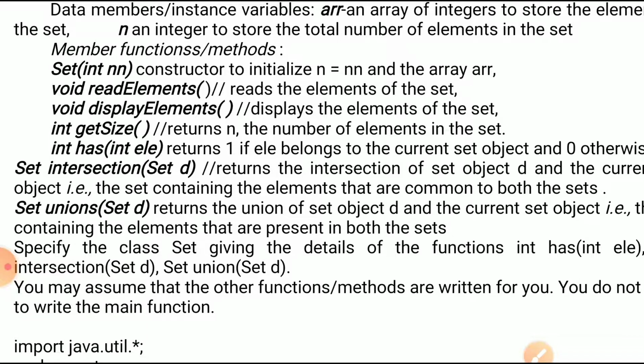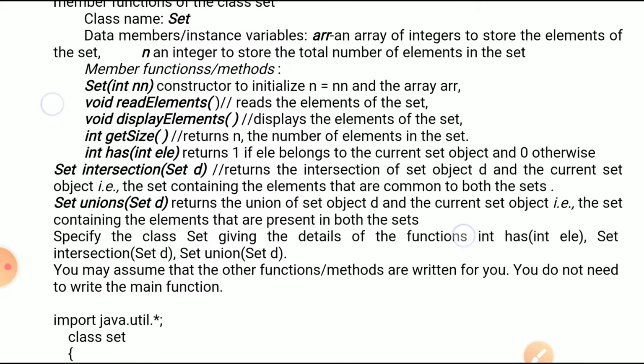Then there is a function has. Has receives one parameter ELE. It will search for ELE in the array and return 1 if ELE is found in the array, otherwise return 0. Then the intersection function receives an object of class set.